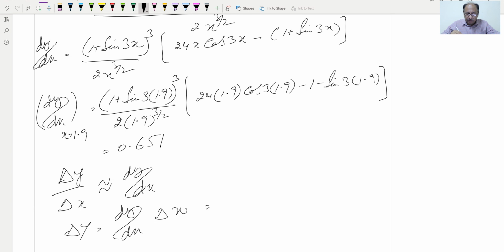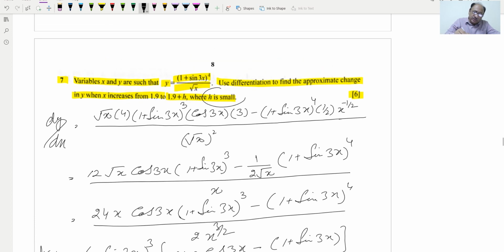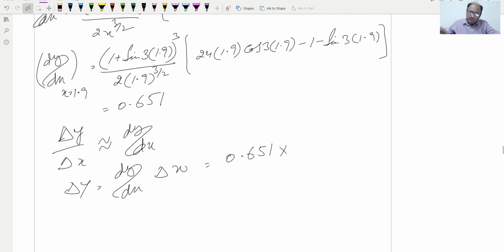So this will be equal to the dy by dx value, 0.651, into the delta x value, which is h, provided over here. We multiply it with h, and our answer will be 0.651h, and this will be the final answer for this question.